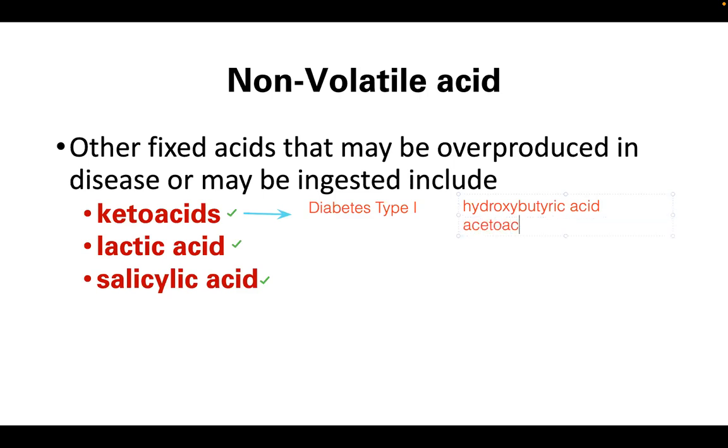We have acetone, beta-hydroxybutyric acid, and acetoacetic acid. In some textbooks, acetone is just mentioned as acetoacetone. So this is acetoacetic acid. These are your three ketone bodies.